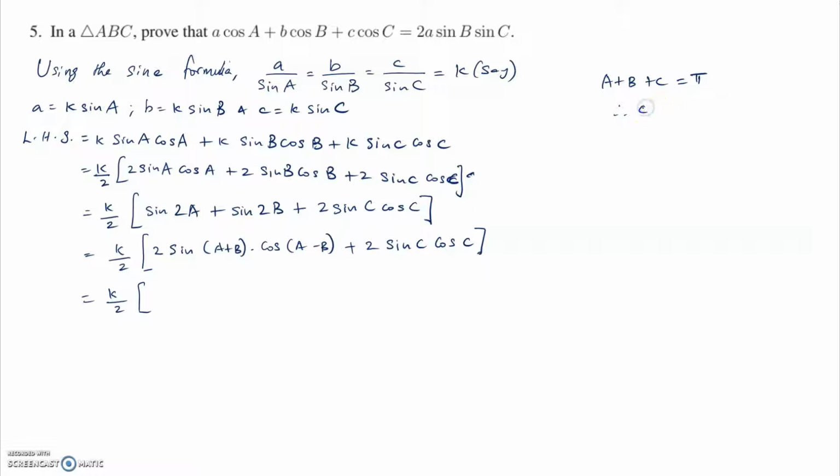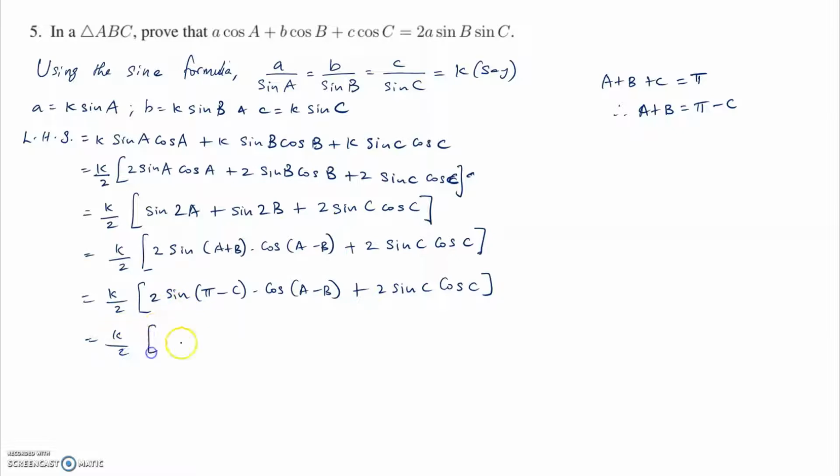Therefore, A plus B will be equal to pi minus C. So we use this here and we say this is sin pi minus C into cos A minus B plus 2 sin C cos C. Next, sin pi minus C is nothing but sin C, because sin is positive in the second quadrant.